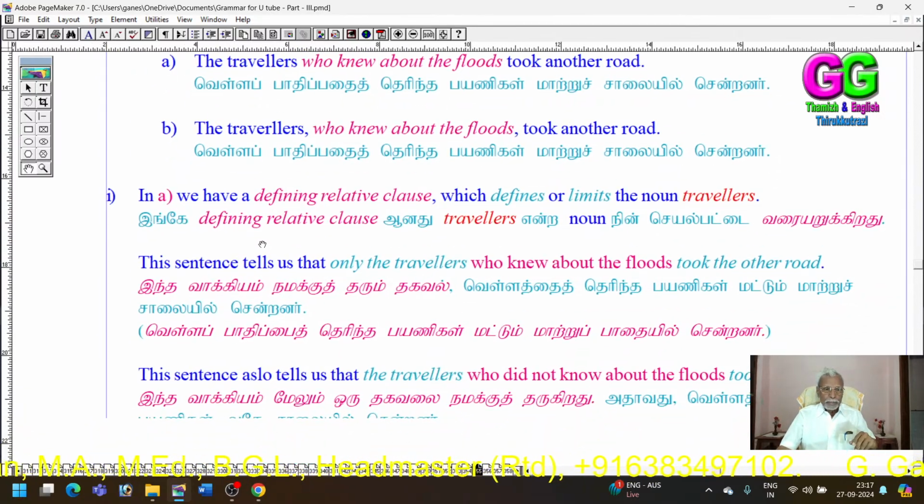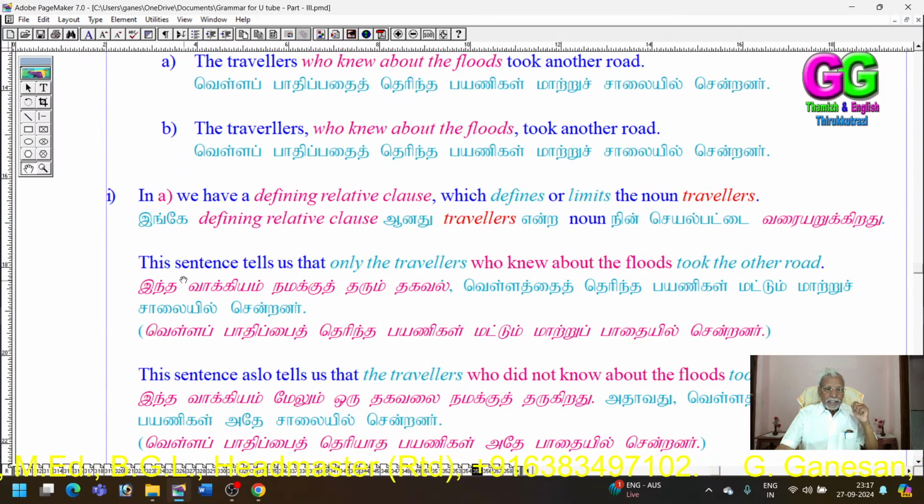This sentence tells us that only the travelers who knew about the floods took the other road.